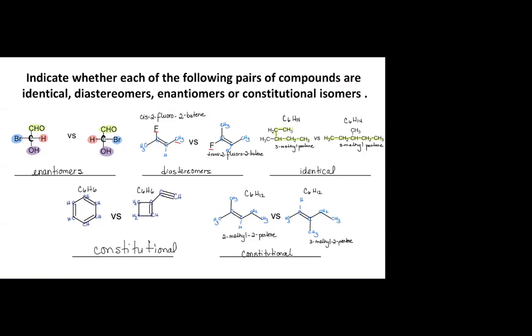Any questions on how to identify a pair of compounds as identical, diastereomers, enantiomers, or constitutional isomers?